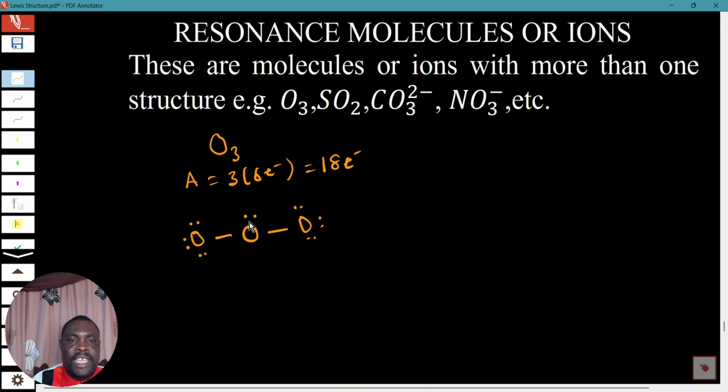Now, oxygen has oxidation state of -2. Because oxygen has oxidation state of -2, each of the oxygen atoms attached to the central atom can form a double bond. So let's convert this lone pair to a bond pair.